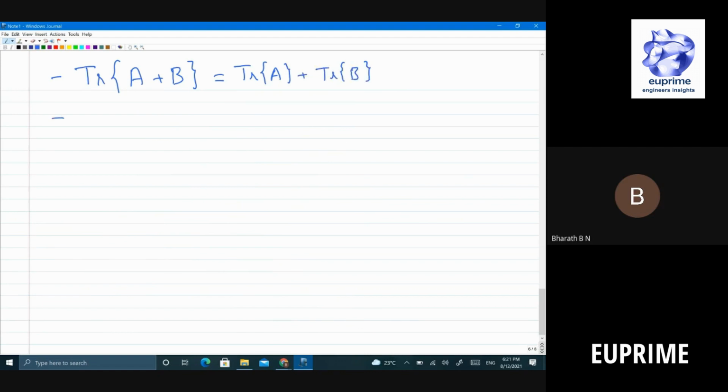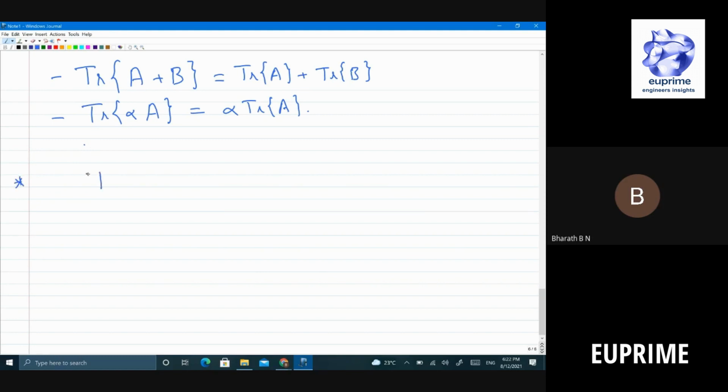And finally, suppose I have a scalar alpha. The trace of alpha A is alpha times the trace of A. Is that correct? This is pretty trivial.